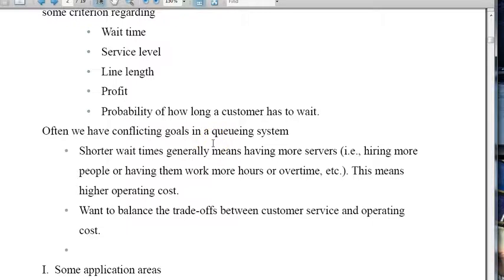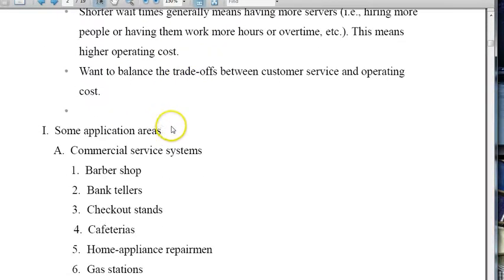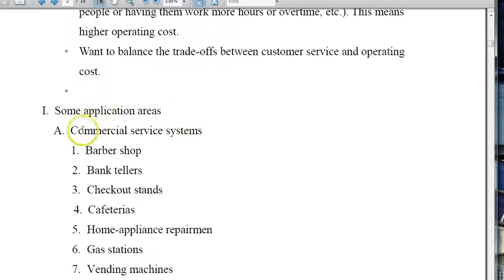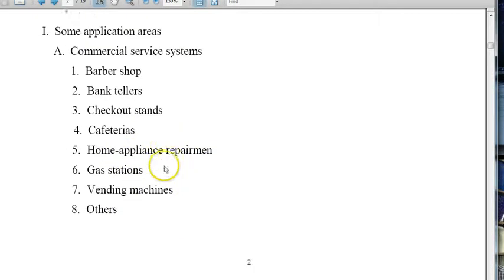So queues apply in many areas, so I'll just go over some quickly here. There are some commercial applications like a barber shop, bank teller, checkout stands, cafeterias, so on.